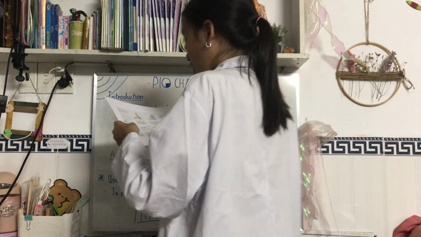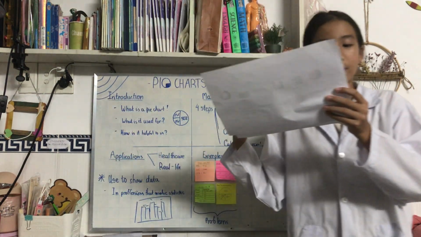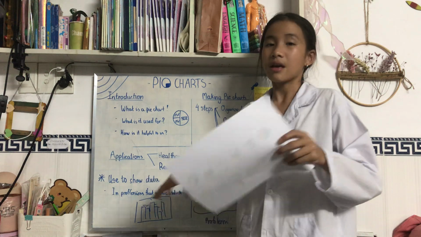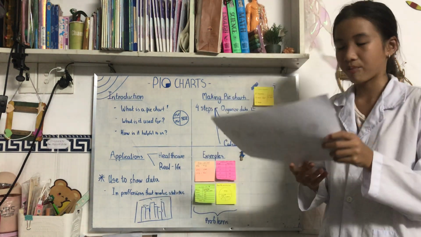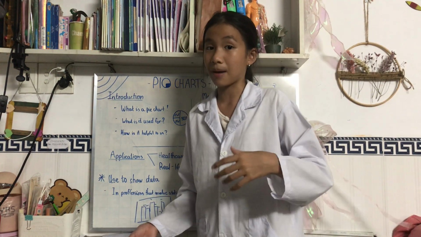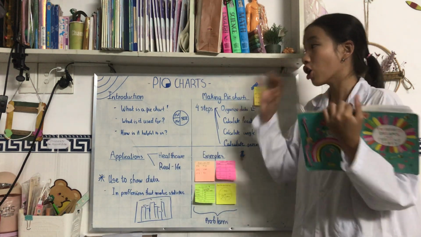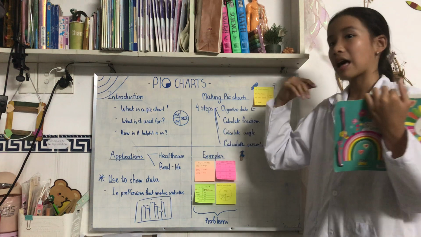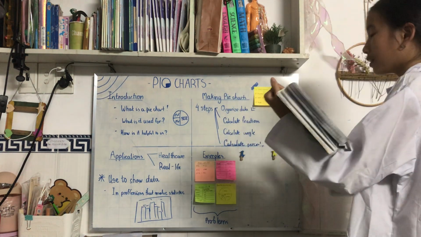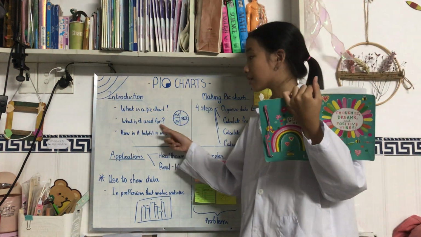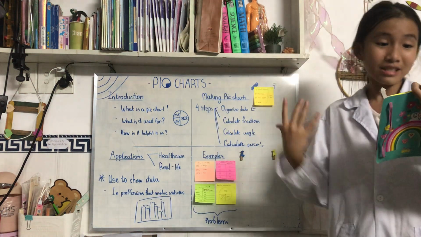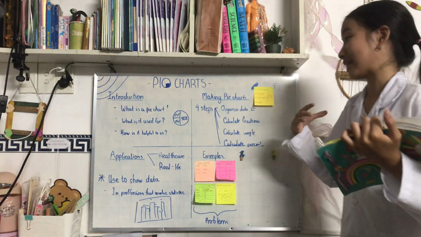Now for pie chart, it is extremely useful when creating a well-designed document that is intended for people that will not read the data. They will not read the data on that piece of paper, but they will instead look at that pie chart and then analyze that. That is the first question. What is it used for? Well, pie charts are used for expressing data.